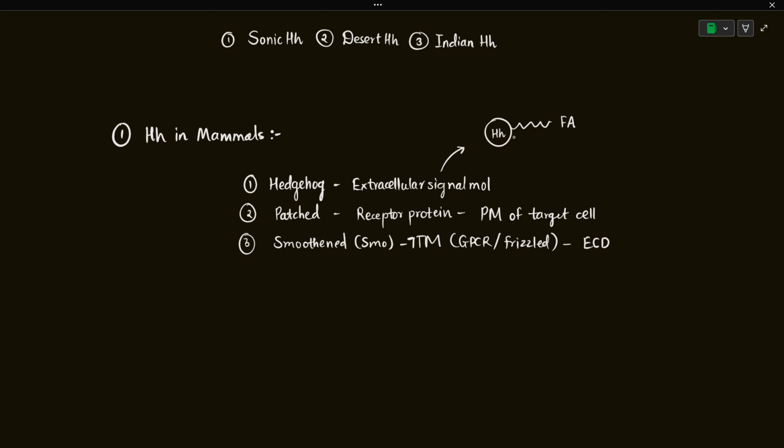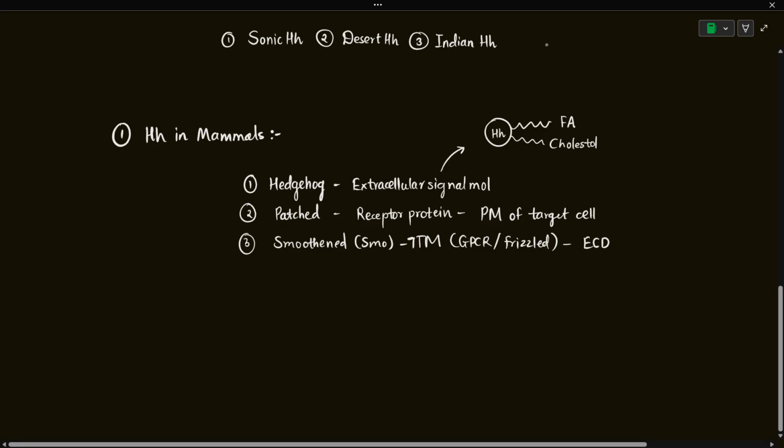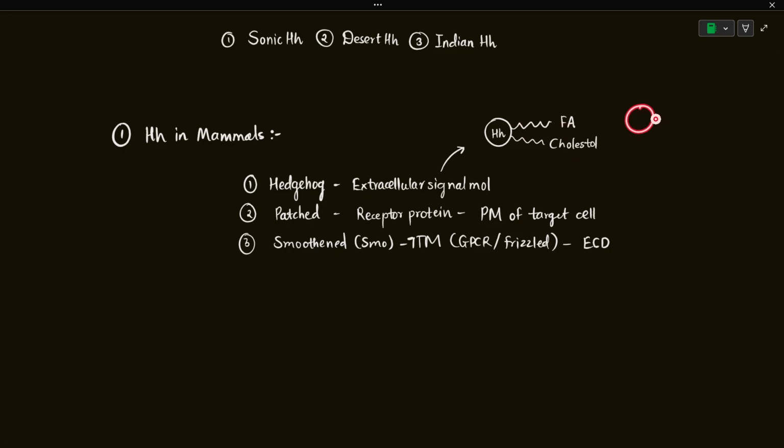And alongside, just like the fatty acid chain, cholesterol is also covalently attached to this hedgehog protein. So this is also a similarity between Wnt protein and hedgehog protein, and that is why the signaling pathways resemble each other in a way. The Wnt protein is covalently attached to a fatty acid chain. Hedgehog protein is covalently attached to a fatty acid chain as well as cholesterol.